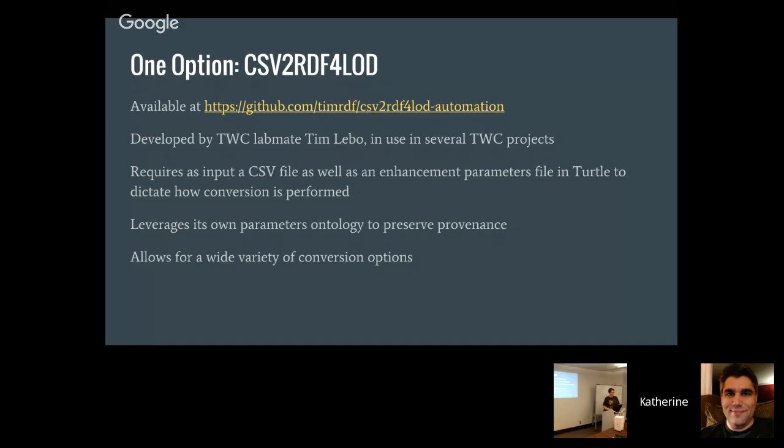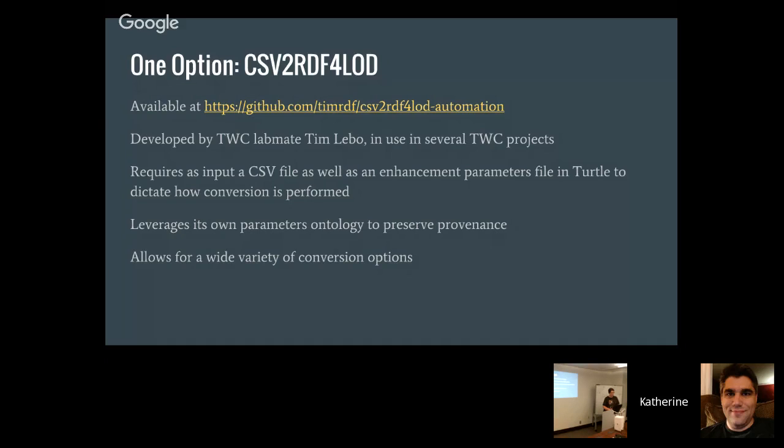It has a wide variety of conversion options, although a lot of the conversion approaches are kind of standalone and sometimes require flattening of the data. For instance, if you have a JSON or an XML file, it requires you to flatten it out to a tabular form before processing.